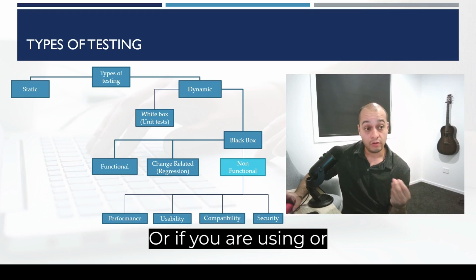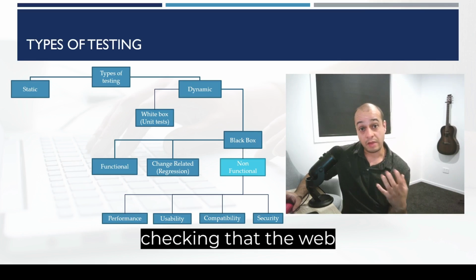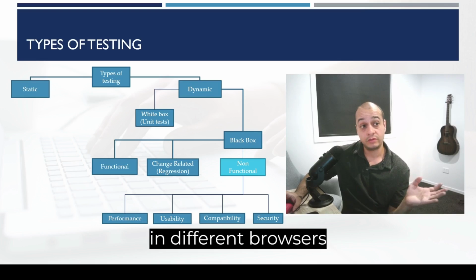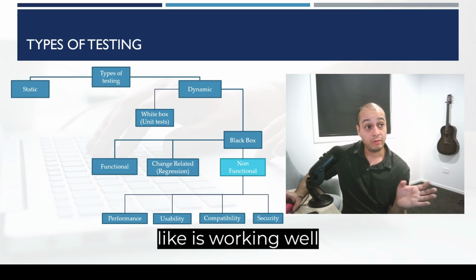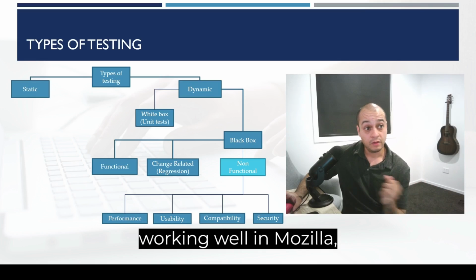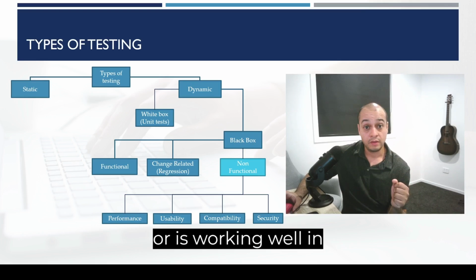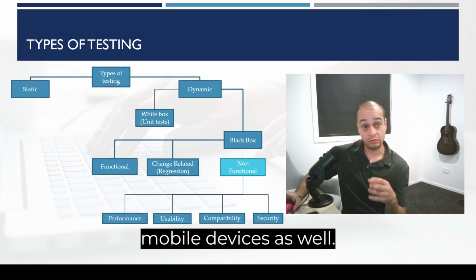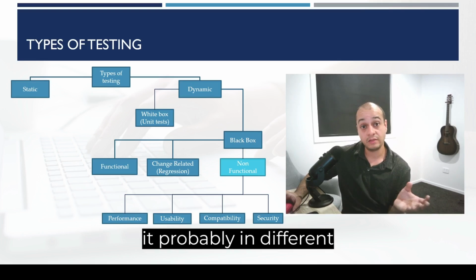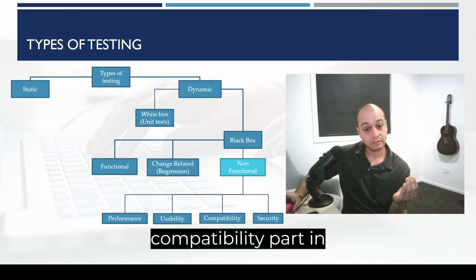Or if you are testing a web app, checking that the web app is working correctly in different browsers, like Google Chrome, Mozilla, Opera, and also in mobile devices. You also need to check it probably in different devices. So that's the compatibility part.